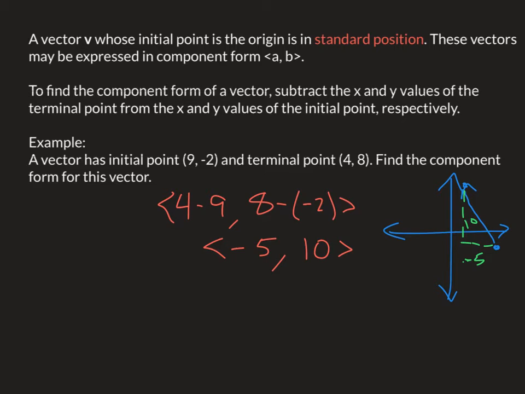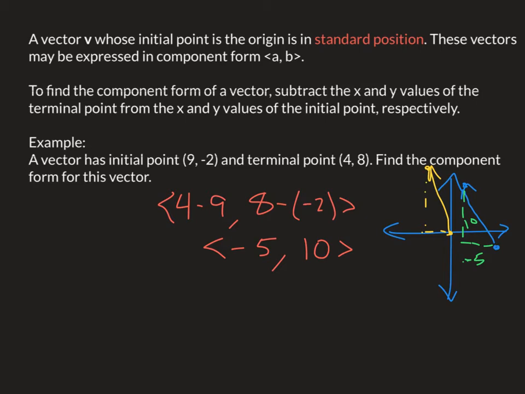So you could simply count or use a number of other mathematical methods to figure out what the component form is. By saying that our component form is <-5, 10>, we've basically slid this vector over so that it starts at the origin, then goes over -5, up 10, and creates this vector, which is an equivalent vector because it has the same length and direction.